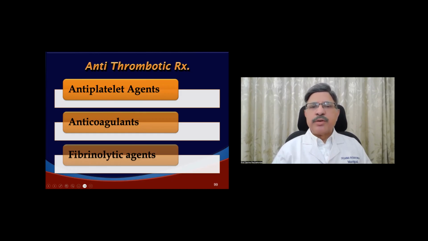Antiplatelet agents prevent plaque rupture, stabilize the plaque and stabilize the platelets, so much so no ongoing thrombosis will be possible. Anticoagulants will prevent further clotting. Fibrinolytic agents will dissolve the already formed clot. Roles are different. These are in the early stages to prevent thrombosis. These are to prevent further thrombosis. These are to lyse the thrombosis.